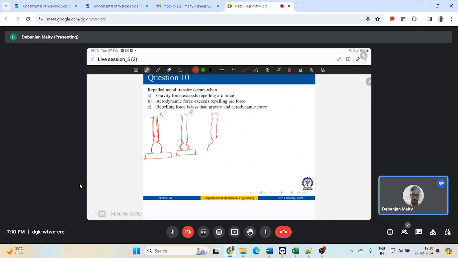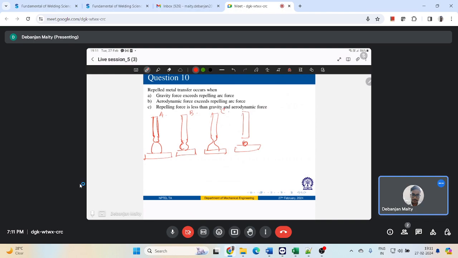Then this is forming the neck, this is the third case, and due to this pinch effect increases, that neck formation quickens, and ultimately at point E, the drop gets detached from the electrode. So let's say that this is detached from the electrode. You know?